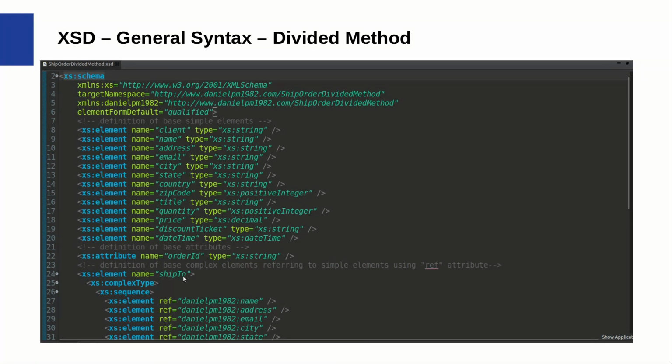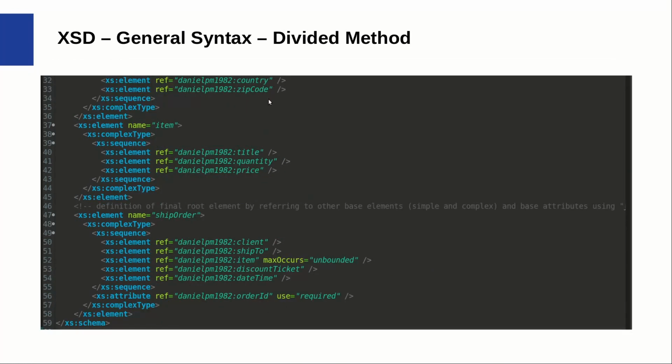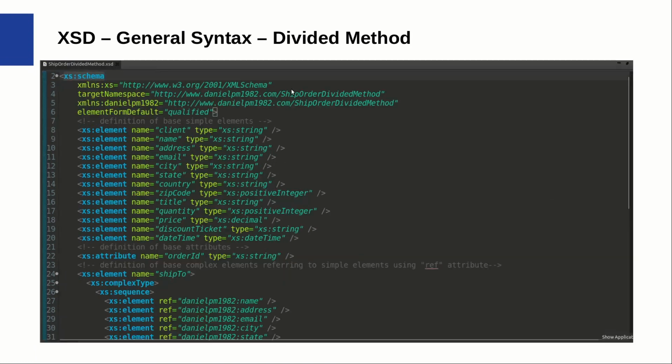of that complex element some of the external elements we've already declared globally. For example, the name, address, email, city, state, country, and zip code. And we do not have to redeclare these elements because they are already declared globally here. We just refer to them using the attribute ref.